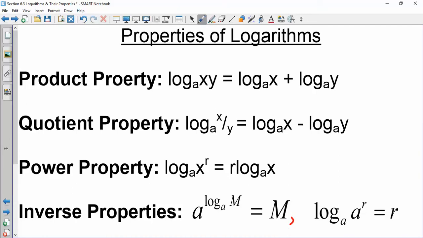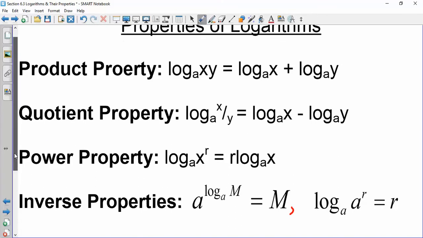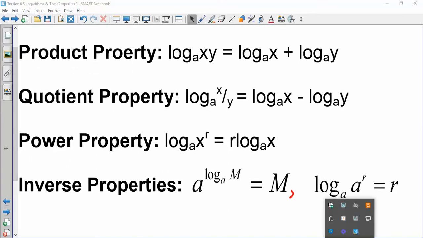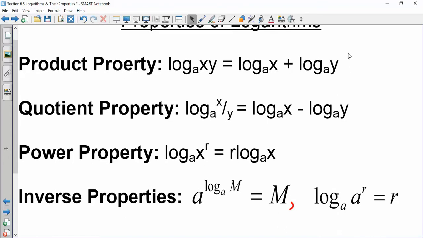Product, quotient, power, and then the inverse properties. So just write each of these. Properties, so these first 3 we're going to use tomorrow. I just wanted them written down now, so I'm not even going to talk about those 3 today. The only one that we will use at all today is the inverse property.